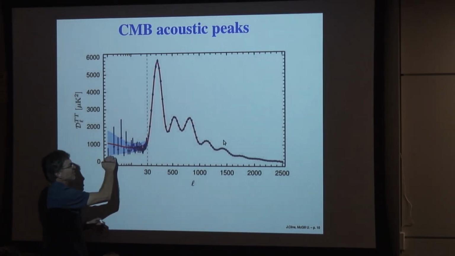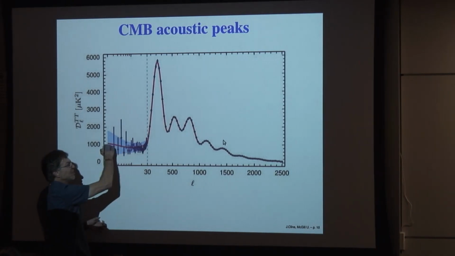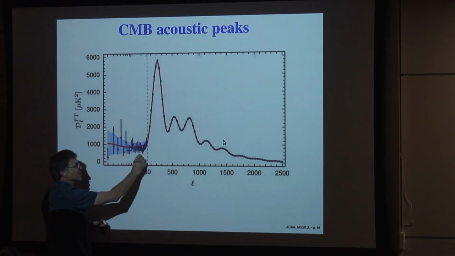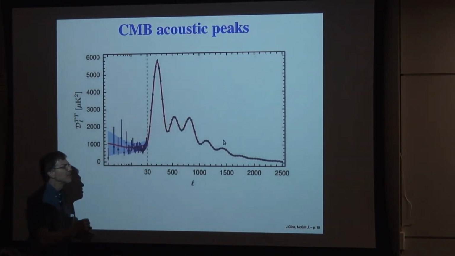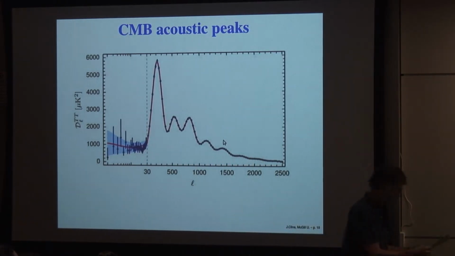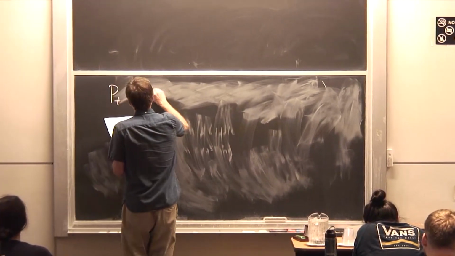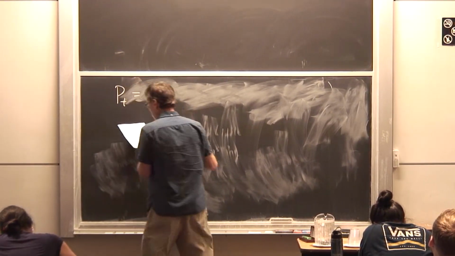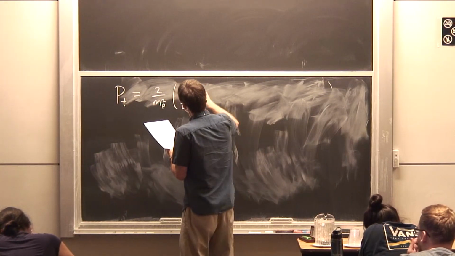So what you find is that the tensors are going to give some shift to the height of this if they're significant, but then they're dying off here, so it's only this region that's being affected. But it's calculable, and that gives you a constraint on the tensor power spectrum. And I'll just write down the form or the result for the tensor power spectrum.